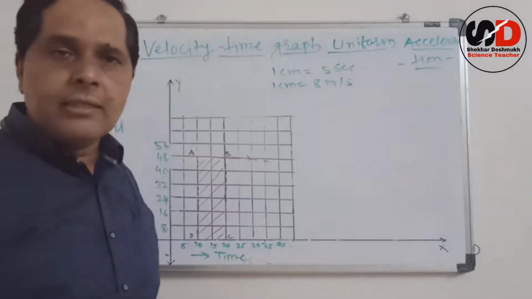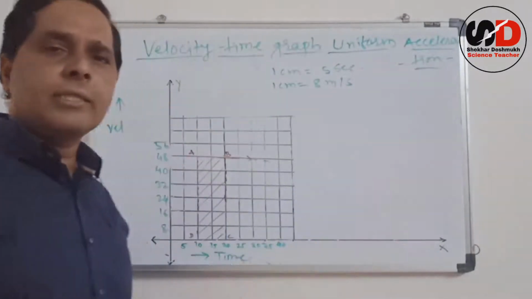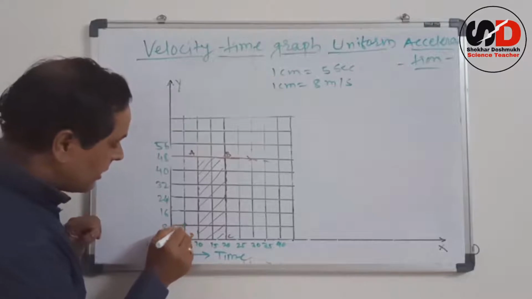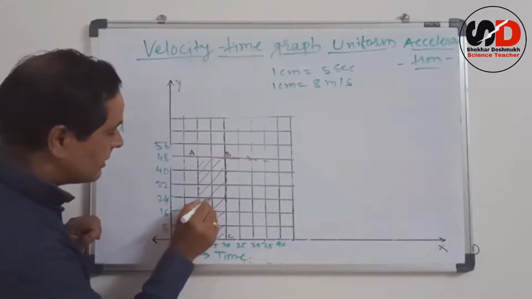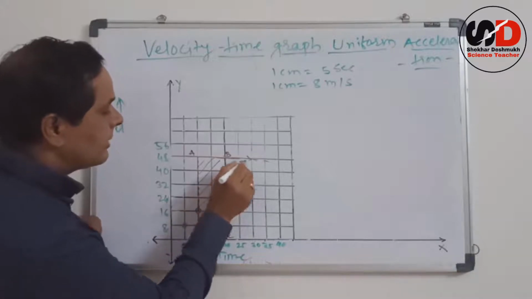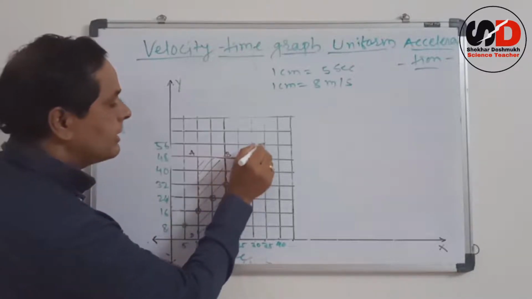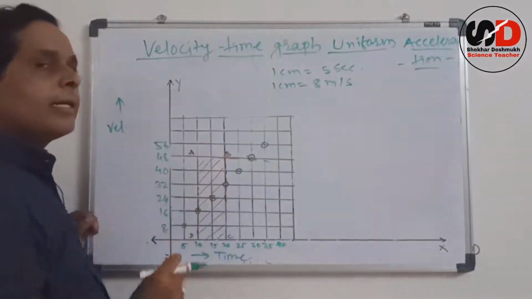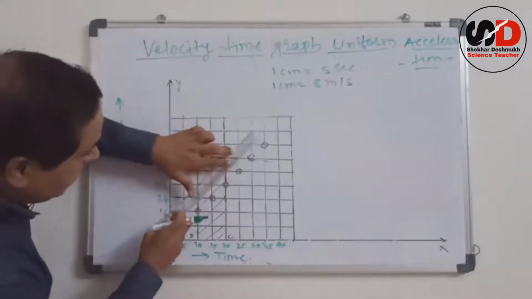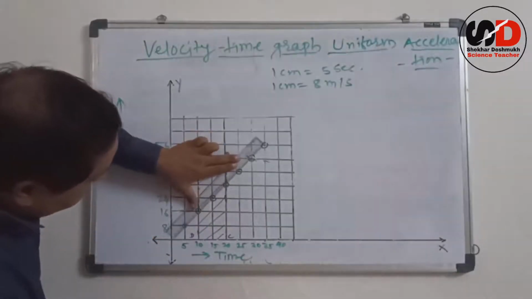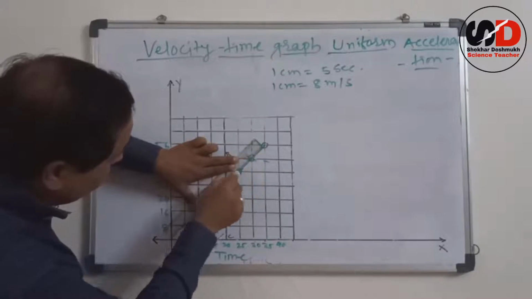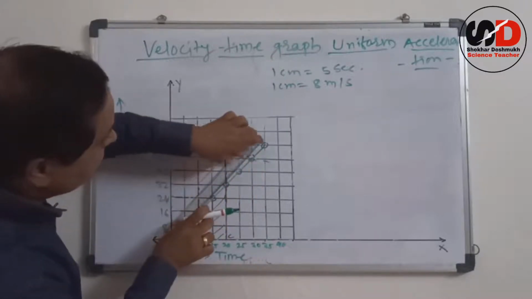And as the change in velocity is uniform, if you draw the graph, it is like this. Because it is a uniformly accelerated body, the graph is a straight line passing through the origin.